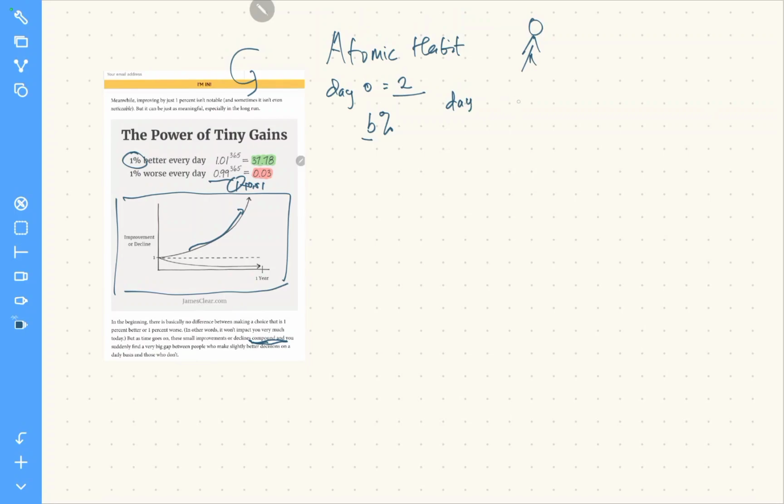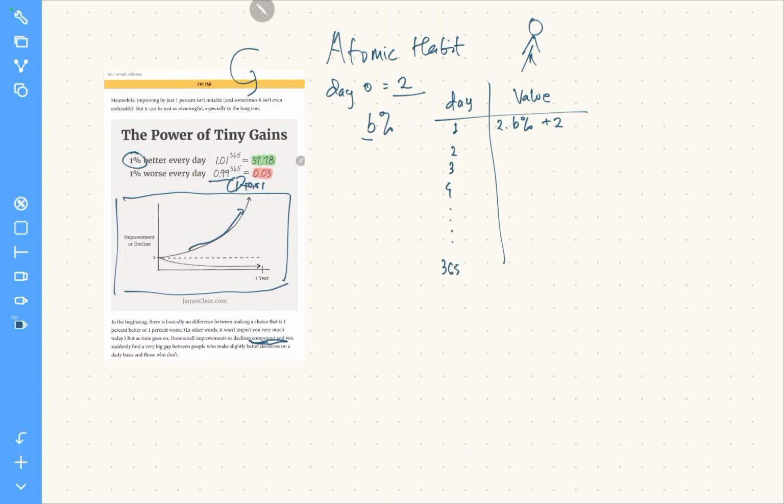Okay, this is day, and this is value or power, anything you call it, and then this is day 1, 2, 3, 4 until 365, one year. Your value on the first day will be 2 times B plus 2, right? Yes, this is just the compound thing happening here.